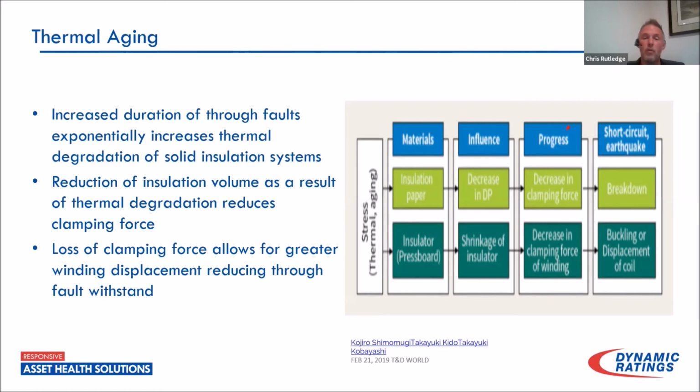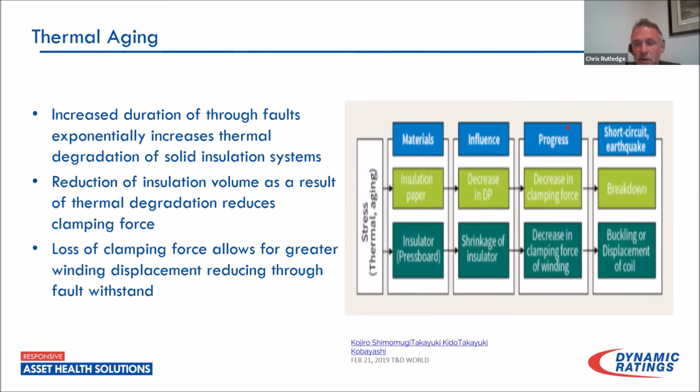So what happens when we have this thermal degradation? We see destruction of the solid insulation system, which results in a change in the clamping pressure that's exerted. When these transformers are new and shipped out, they're clamped to a certain value. When you have that value of clamping force, you've got to consider the amount of mass that you're clamping down on, which includes the solid insulation system.